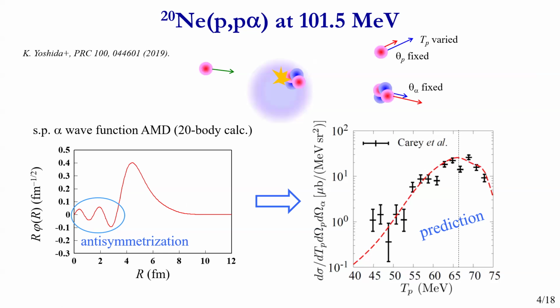And without tuning anything in this structure wave function, we have this cross section that perfectly agrees with experimental data, I would say. So this is very successful, I think, to show that alpha knockout can be a good probe for the alpha cluster in the nucleus. And in this case, the spectroscopic factor is something like 0.3.